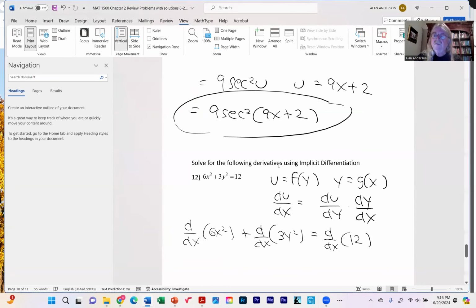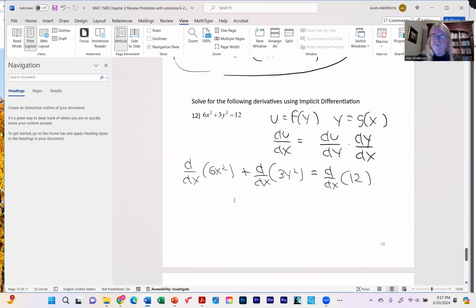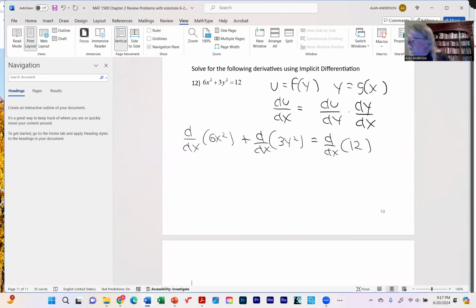So we're going to take the derivative of both sides. And two of these three terms are very straightforward. This one will just become 12x from the power rule. So then it goes to 0. And that leaves this one. What do we do with this? Okay.